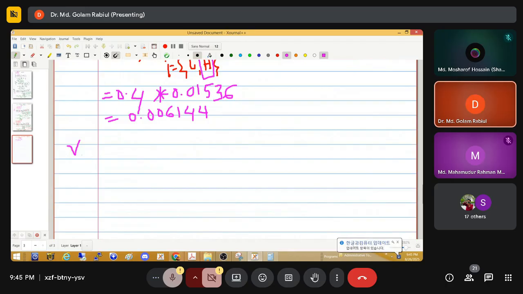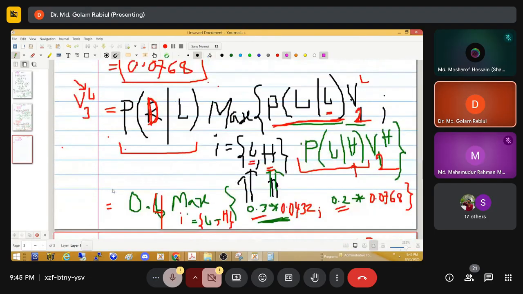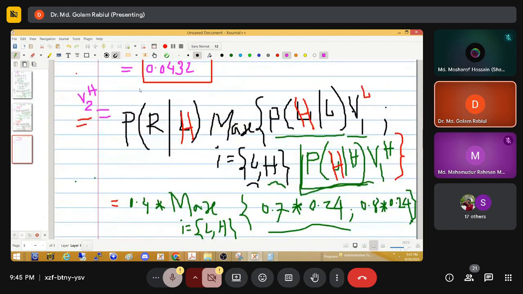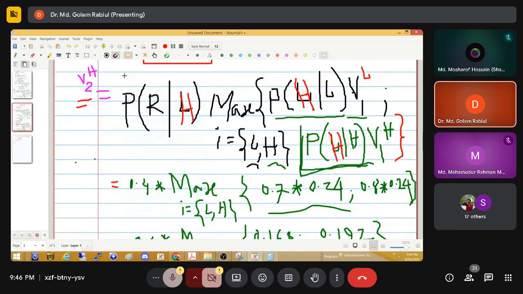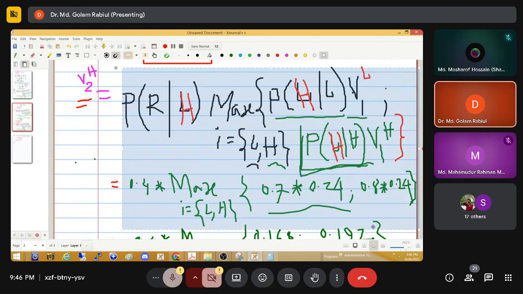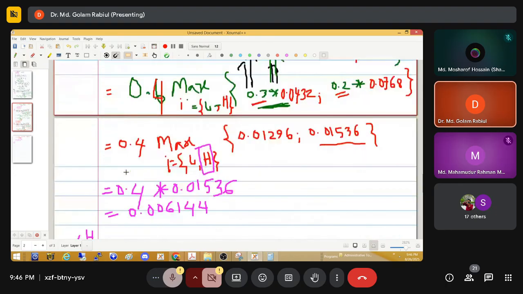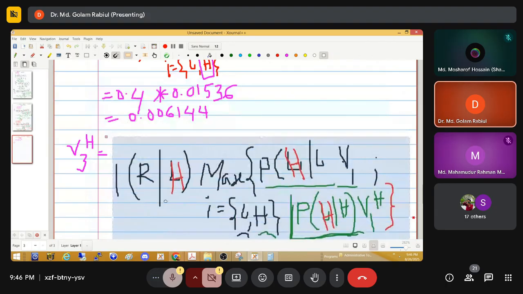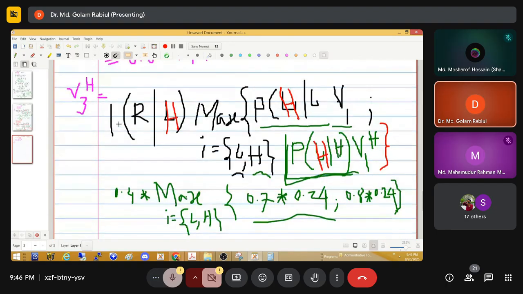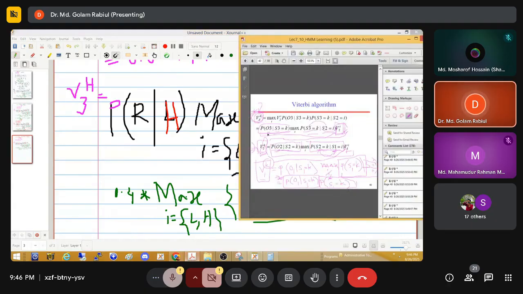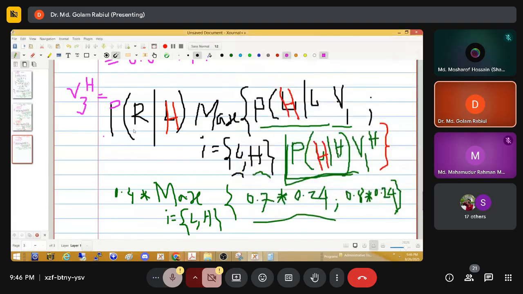Similarly, we have to find out the V3H. So V3H will be V3 of K. So observation 3, S3 equal K. Observation 3 in our case is D, dry.